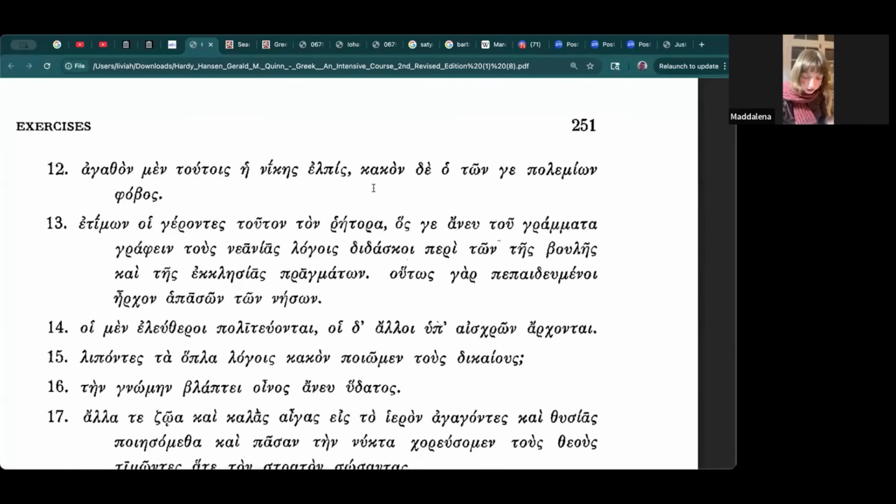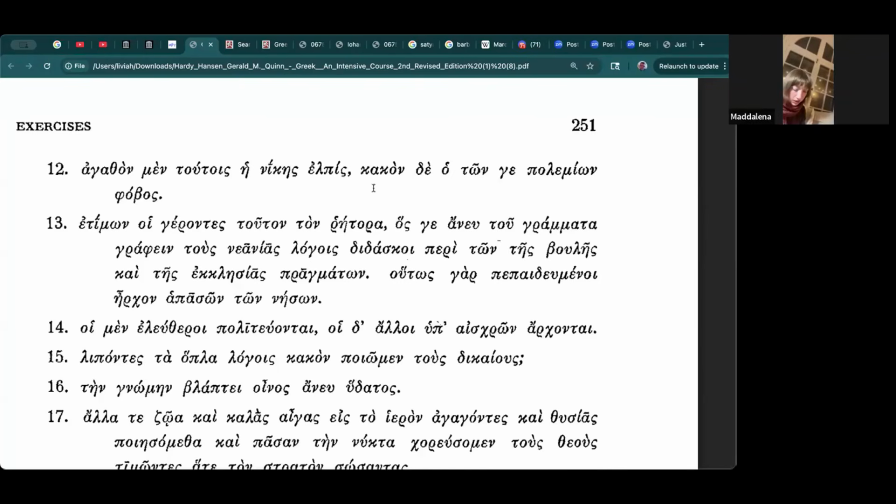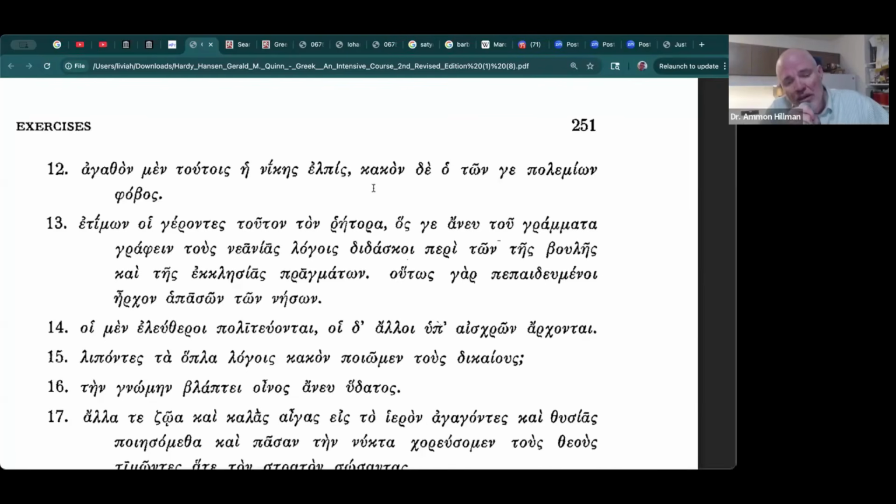In order that this good, I don't remember what Elpis is. Nikes is a win, right? Nike, victory. And what case is Nikes in? It's in the genitive.